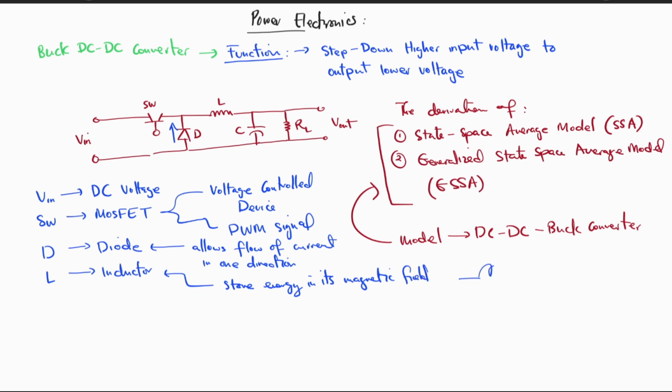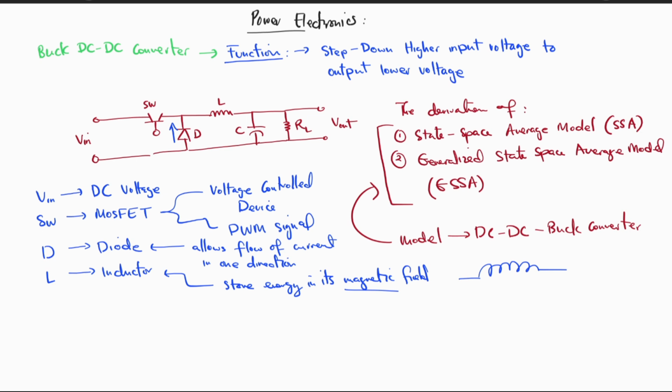So we have the inductor, which is something like this, and because of the coil of the wires, it will produce a field, and this field is responsible for storing the electrical energy in terms of its magnetic field. And we have a magnetic field and an electric field.